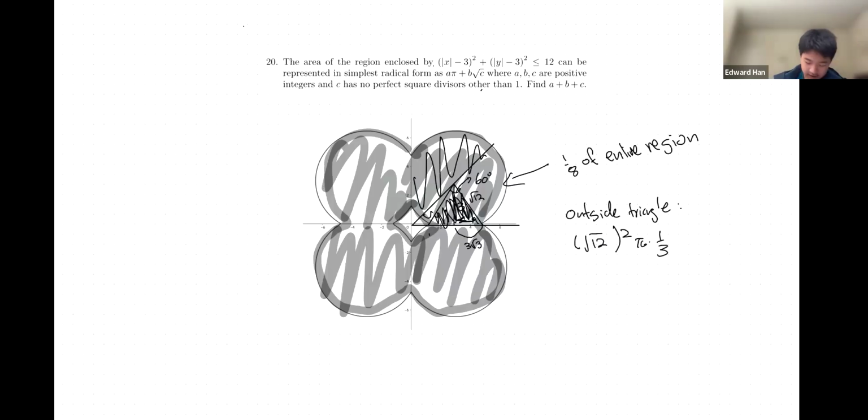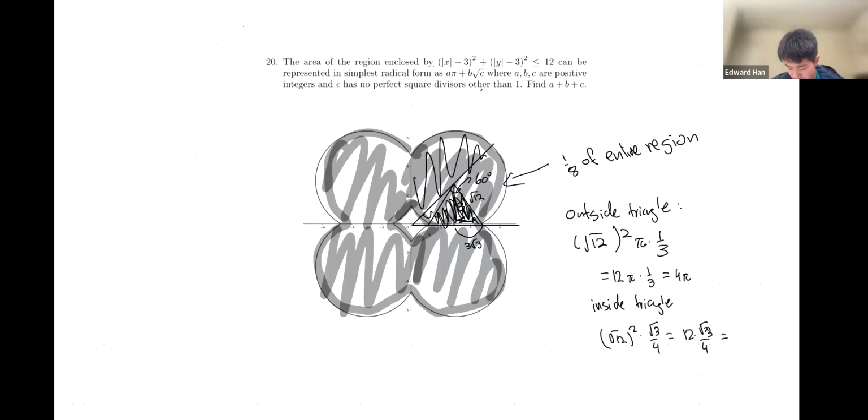So with that done, we can finish calculating this. That's 12 pi times 1/3, which is 4 pi. And so that's the area of the region that is outside of the triangle. Inside the triangle, we can simply calculate the area of the equilateral triangle by using the side length, which is 12 squared times root 3 over 4, which is 12 times root 3 over 4, which is 3 root 3.